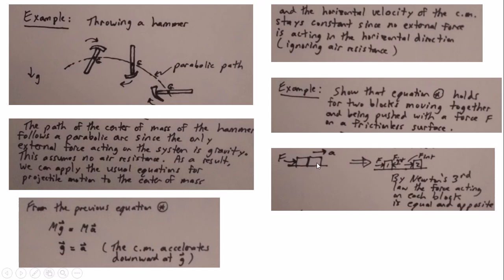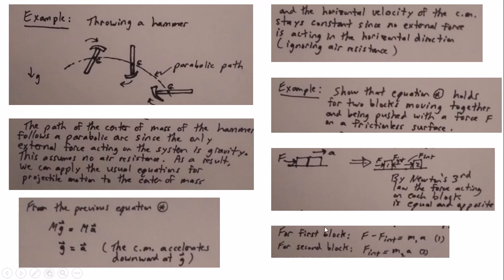Now if we imagine moving these two blocks apart and isolating the forces acting on each block, we would see that for the first block on the left, which I call block 1, there's the force F acting on it, and there's an internal force F internal acting on it to the left as shown. By Newton's third law, this is equal and opposite to the internal force acting on block 2 as shown. Next, I'm going to apply Newton's second law for each block.